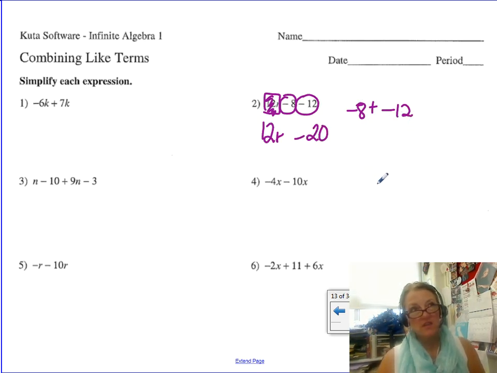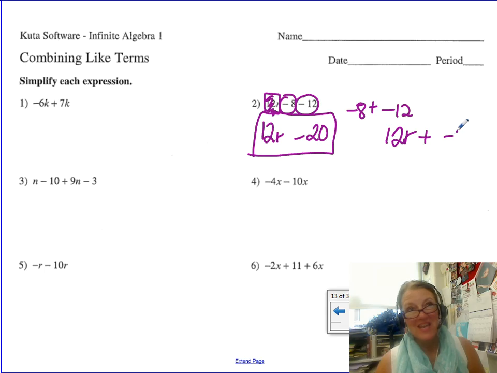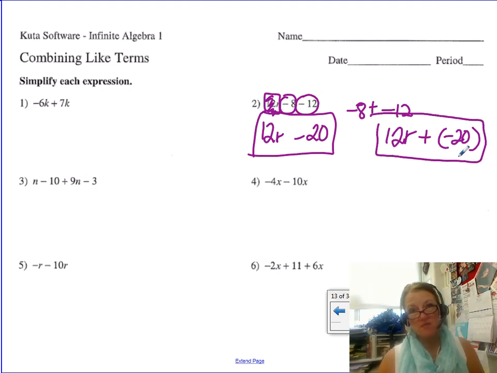And you can write it like this. If you want to write it like this, 12r plus negative 20, and sometimes we'll put parentheses around that so I don't have plus minus right in a row. You can write it like this too. These mean the exact same thing. Okay, but combine your like terms, get them as simplified as possible, and again, watch your positive and negative signs.